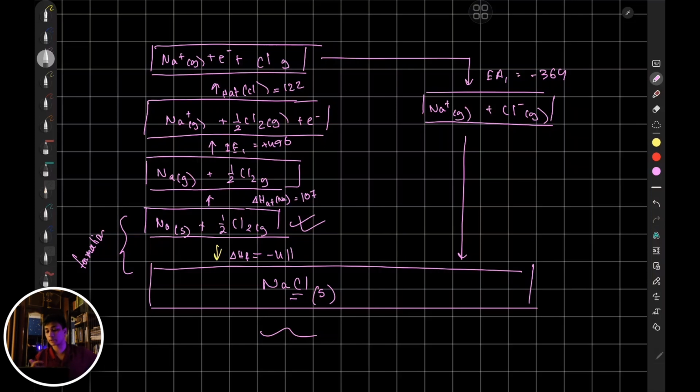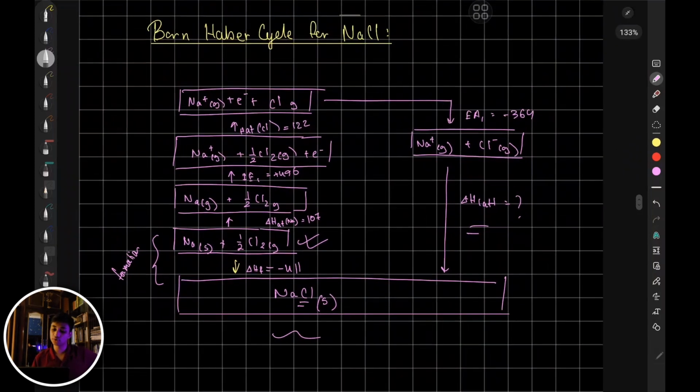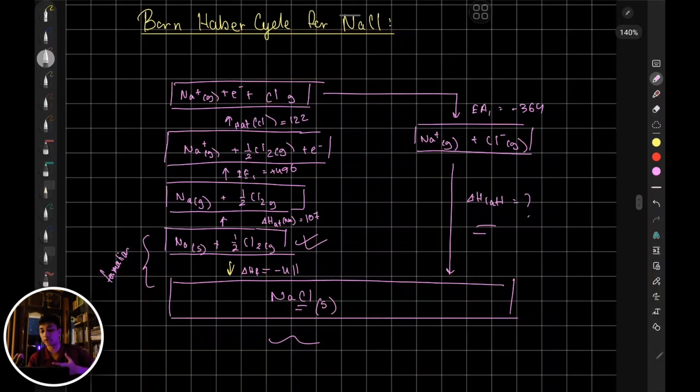Therefore, we can say delta H lattice, you don't know. And this is what you have to figure out. So the question, let's say, was structured in a way that you're given all of these values, and you're asked to find out what the enthalpy change of lattice energy is, right?